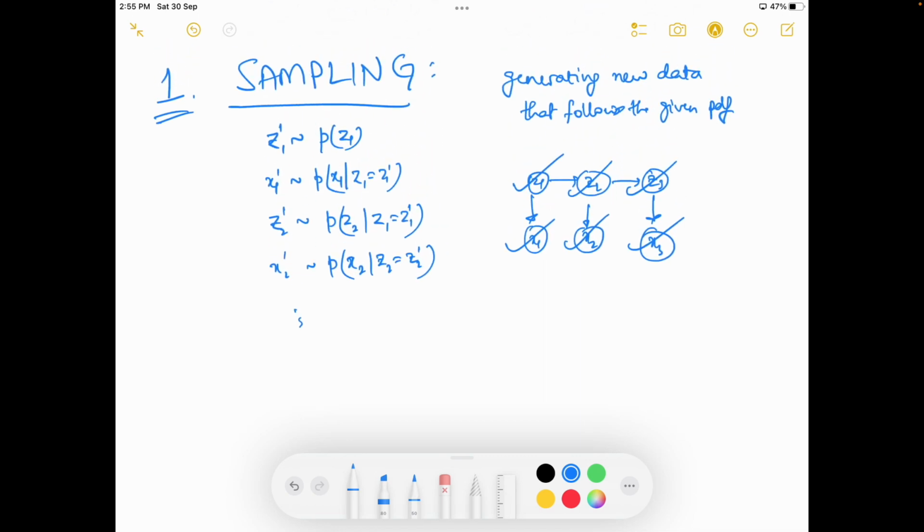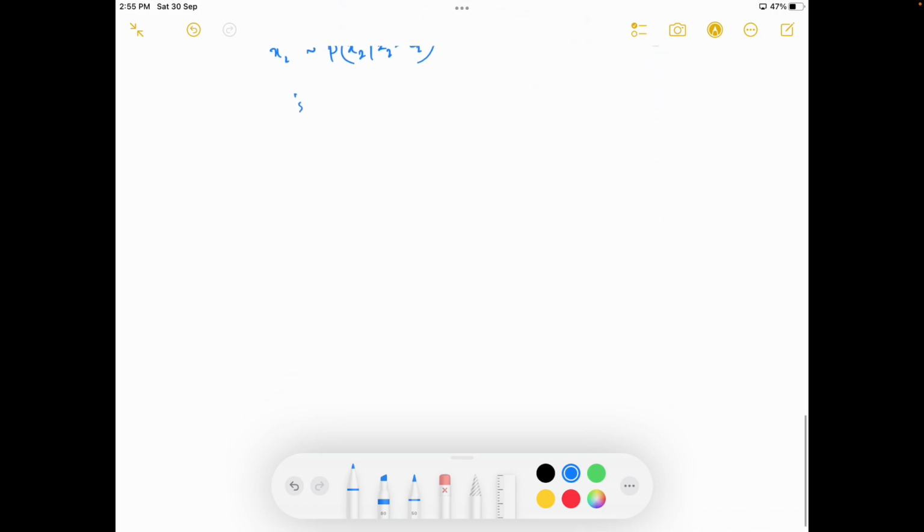I'm telling this only for HMM, but in general, any DAG can be sampled by going in the topological sort order. Where do you start?